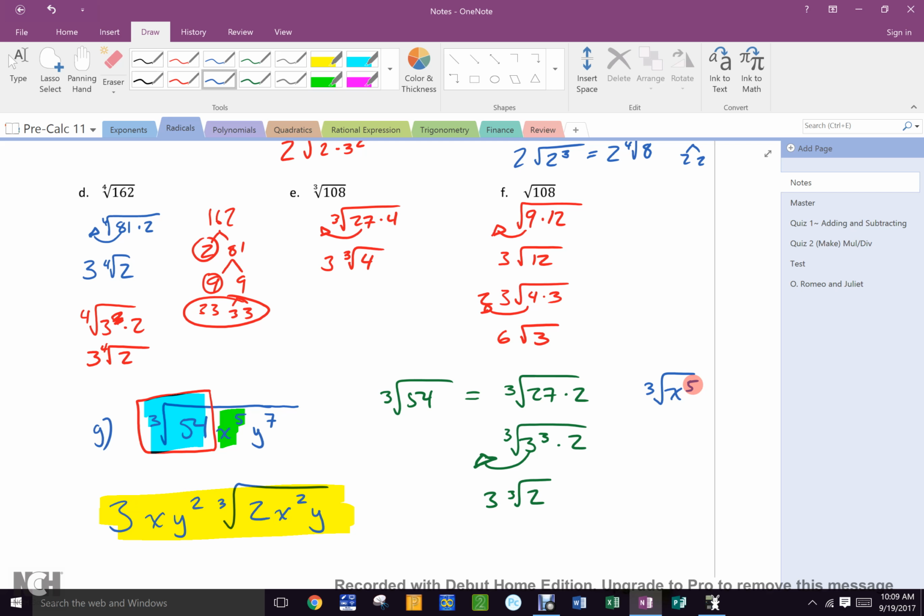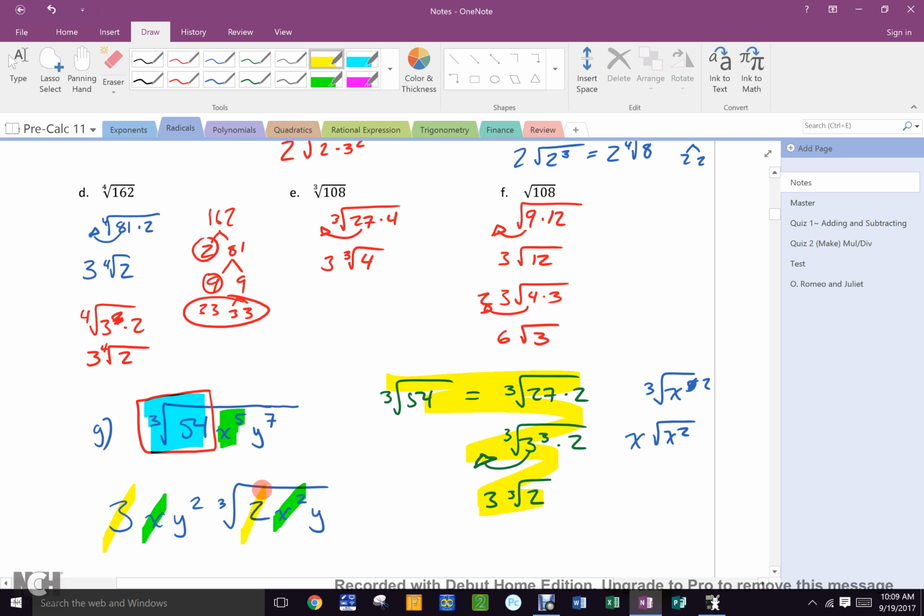One group of 3, yes? So out comes an x, and what did that leave under there? I took out 3 of them, so it left 2. Is everybody cool there? So there is my x squared and x. The yellow is the part you already knew.